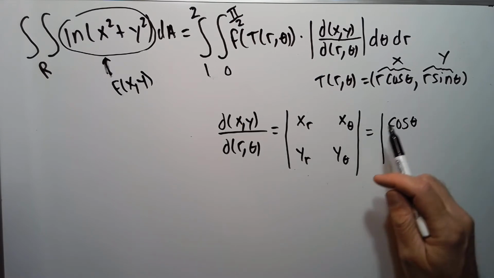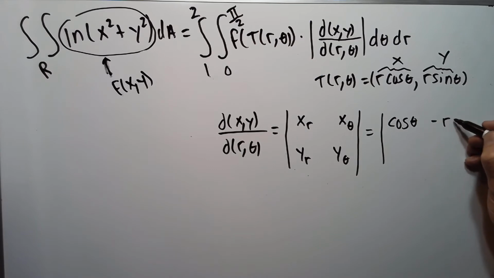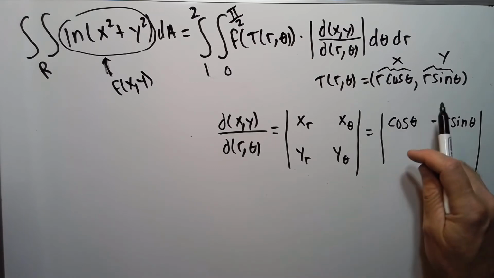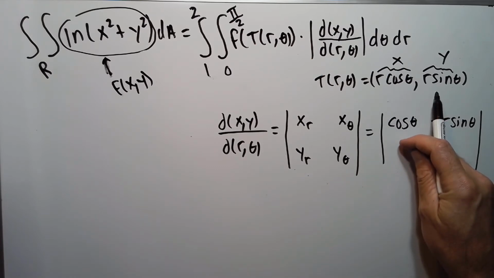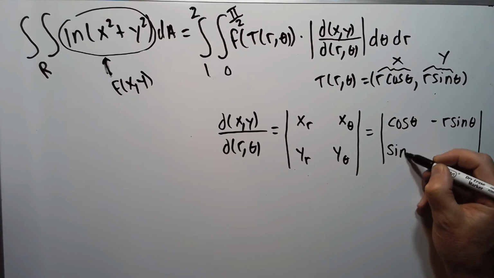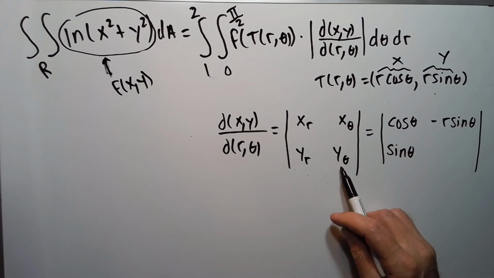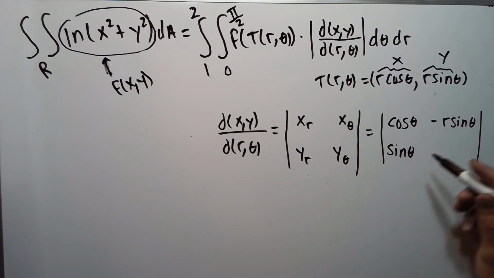And then partial x with respect to theta, so it's going to be minus r sine theta. Then y, so over here, derivative of y with respect to r would be just sine theta, and derivative of y with respect to theta would be r cosine theta.